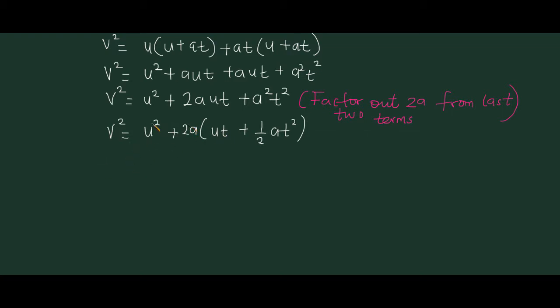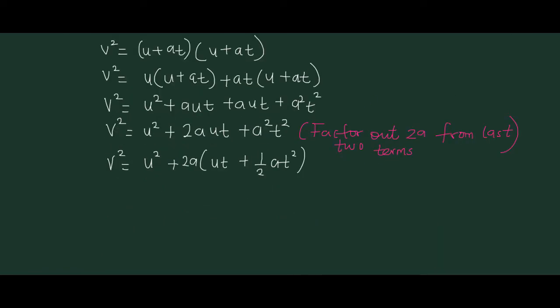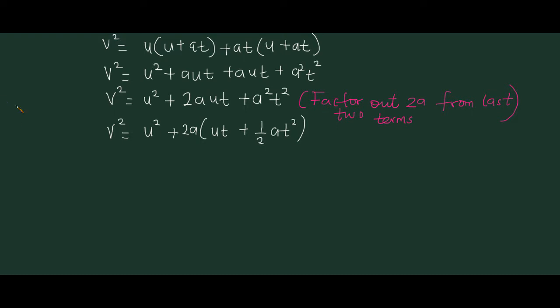And if you recall, ut plus half at squared is the same thing as s, so we're going to replace that. If we replace that, we're going to successfully eliminate t from the first equation, and we'll now have v squared equals u squared plus 2as.